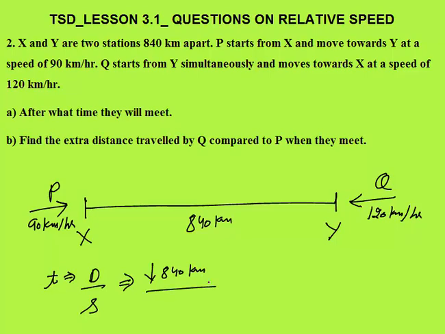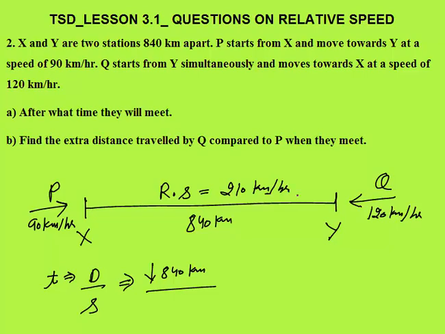I told you that when two objects are moving in opposite directions, relative speed will be speed of A plus speed of B. So in this case, relative speed will be 90 plus 120, that is 210 kilometers per hour. So the gap will be reduced at a relative speed of 210 kilometers per hour.